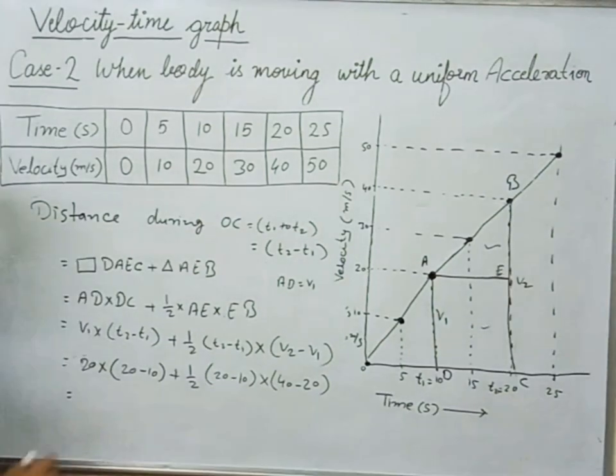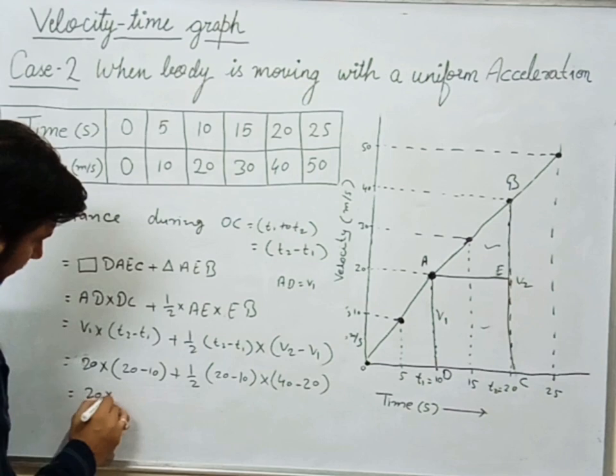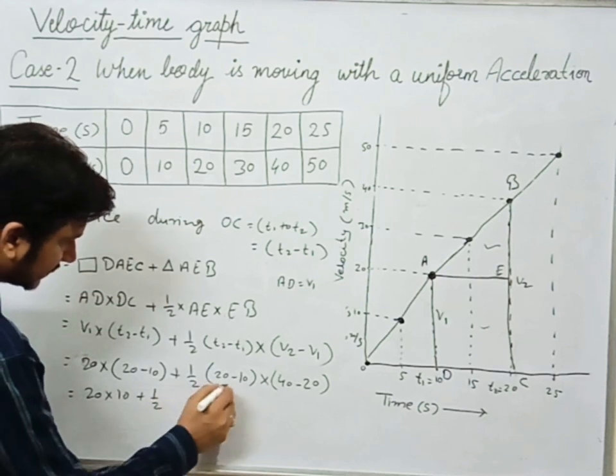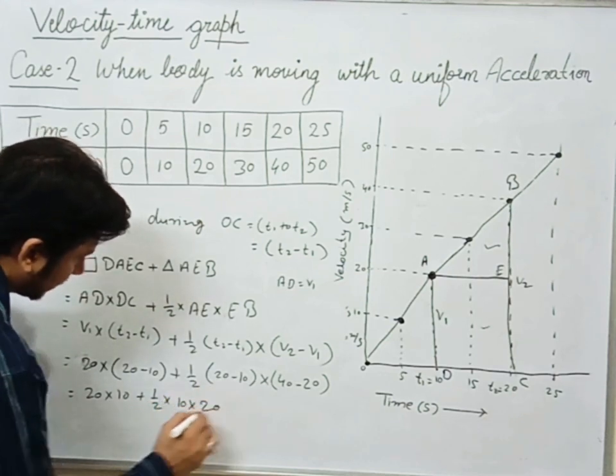In this way it will be 20 into 10 plus half into 10 into 20.